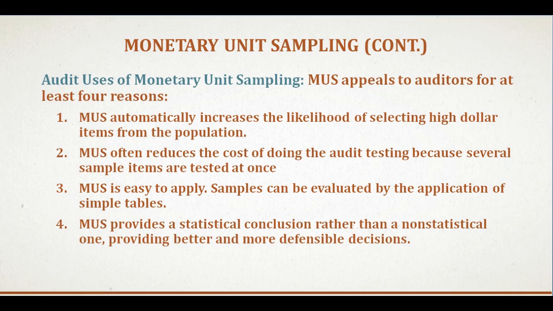It is easy to apply. Samples can be evaluated by the application of simple tables. And lastly, monetary unit sampling provides a statistical conclusion rather than a non-statistical one, providing a better and more defensible decision for an auditor.